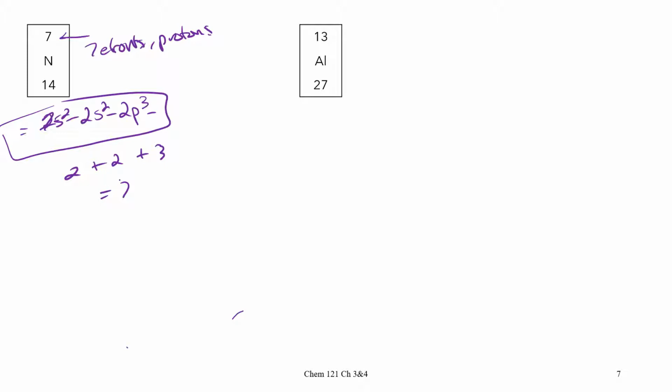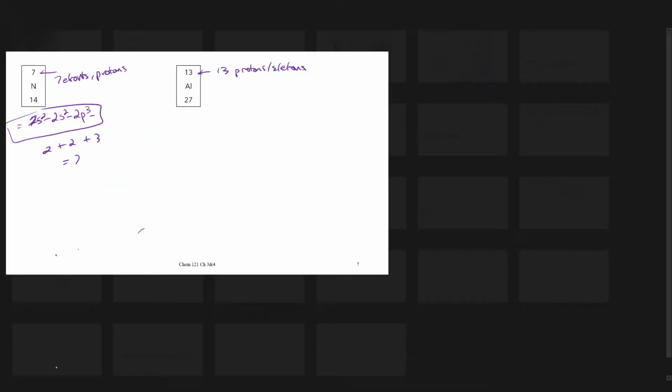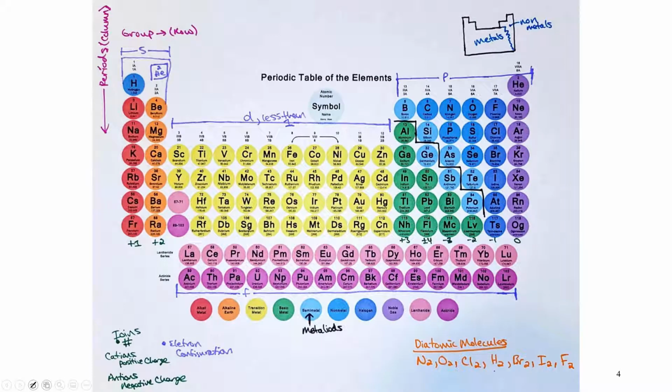So let's look at the next one. Now we have aluminum, and we know that we're going to have 13 electrons and protons. If we go back and look at our periodic table for aluminum, we go 1s2, 2s2, 2p6, 3s2, 3p1.